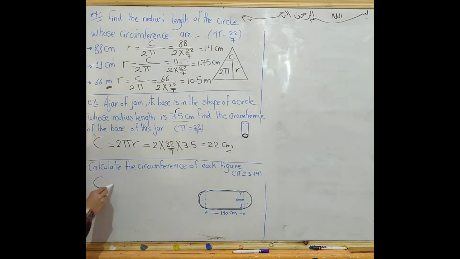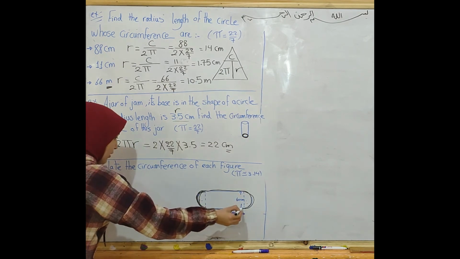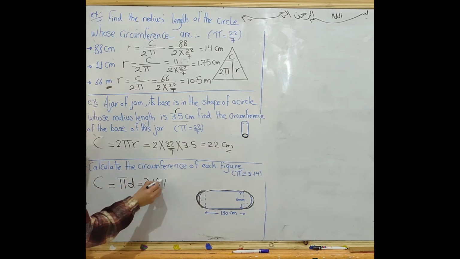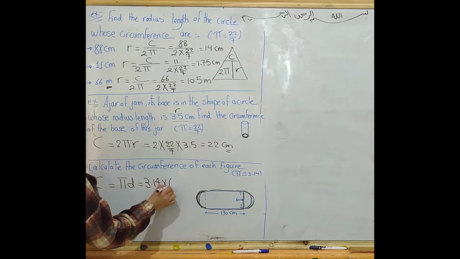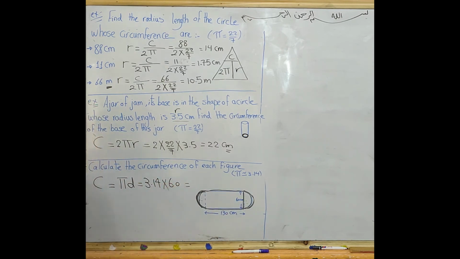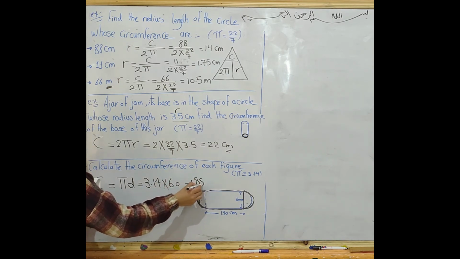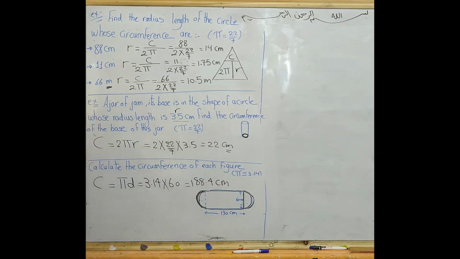To find this half and this half, the circumference of a complete circle equals pi times d, equal to 3.14 times the diameter. The diameter is 60 centimeters, so it equals 188.4 centimeters.